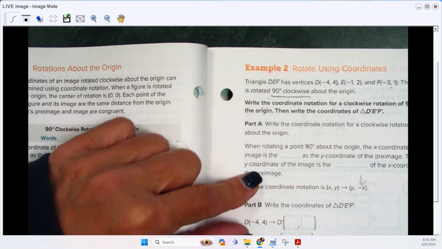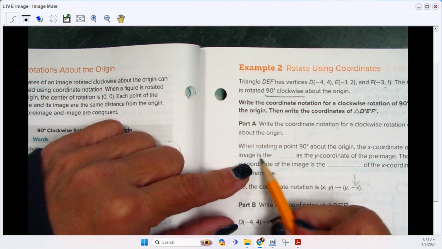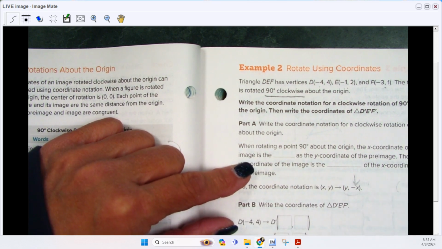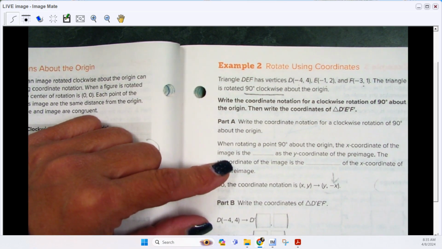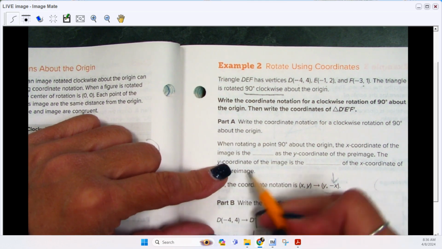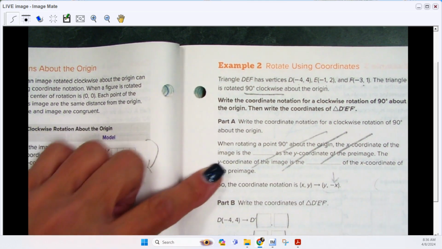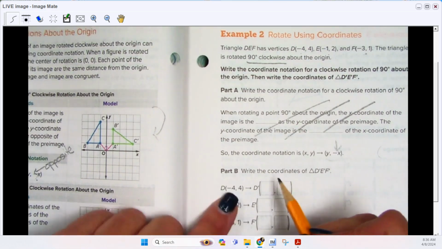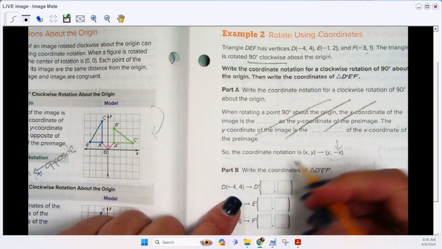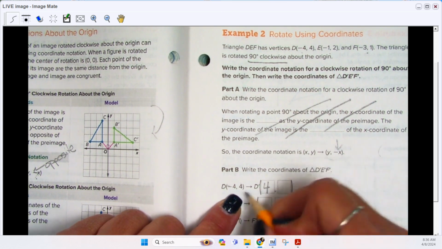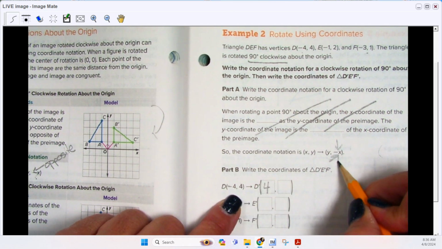So I'm going to switch these two around. So 4 is now going to be here. Now, remember, we're doing the opposite of what the Y would now be.